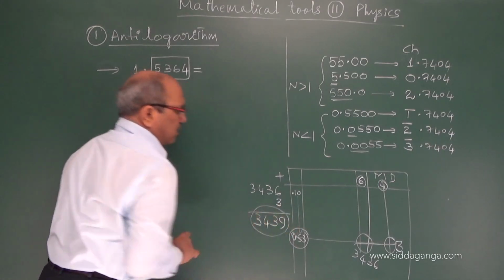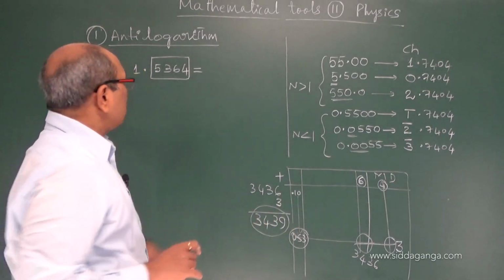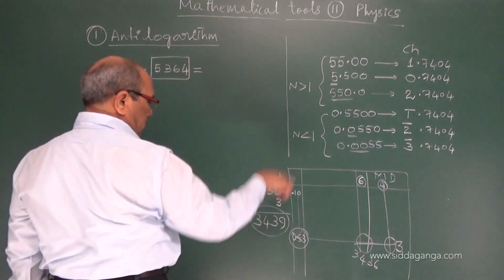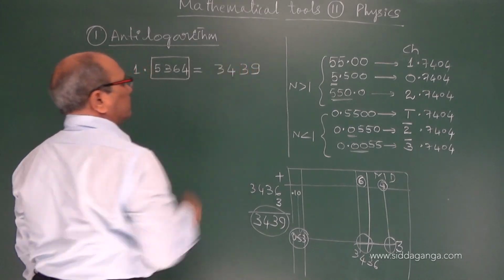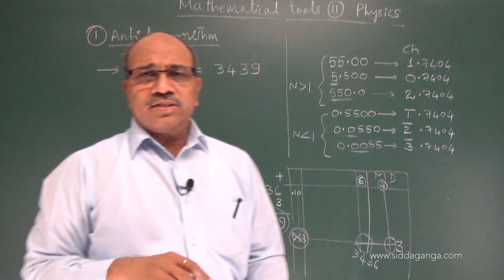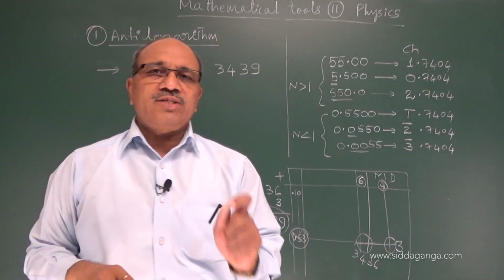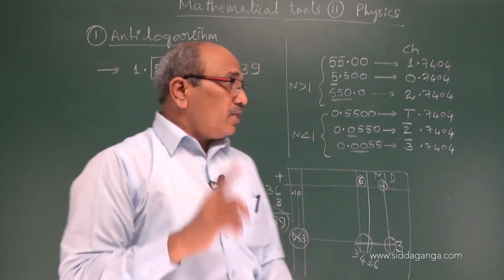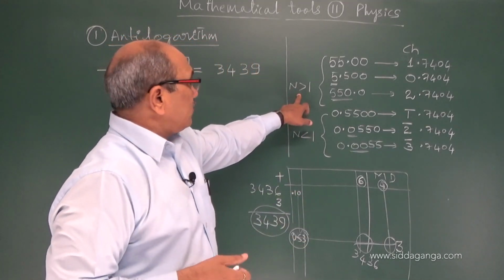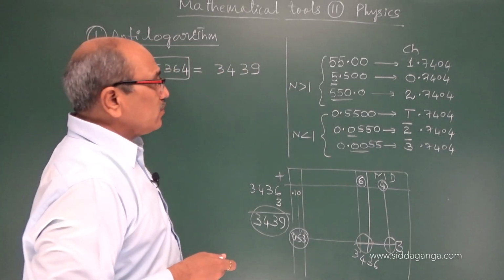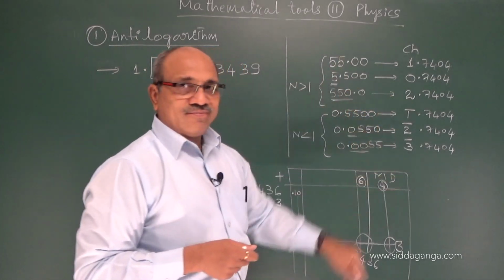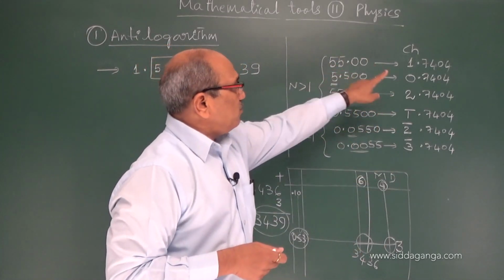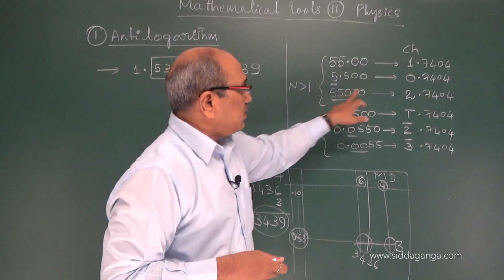Now we got the mantissa part converted, and I am writing 3439 as the number. It is not final; I want to fix the decimal point. When the number is greater than 1, the characteristic is positive, no bars. We reduced by 1: if it is 55 we made it 1, 5 made 0, 3 is 2.